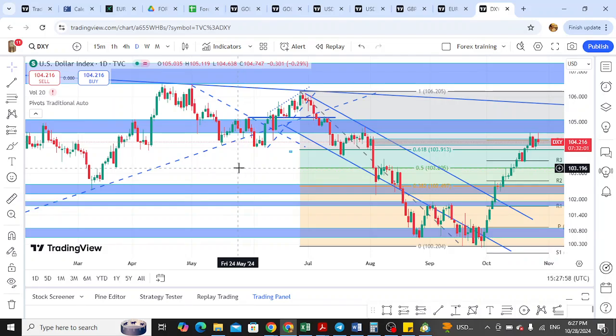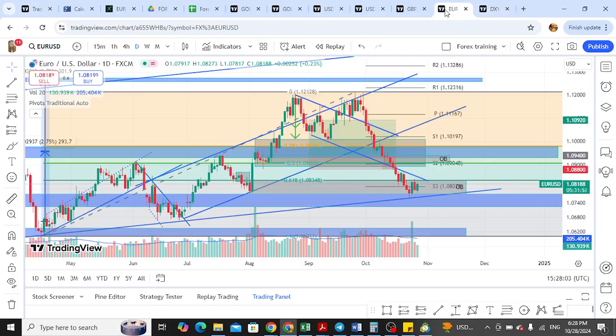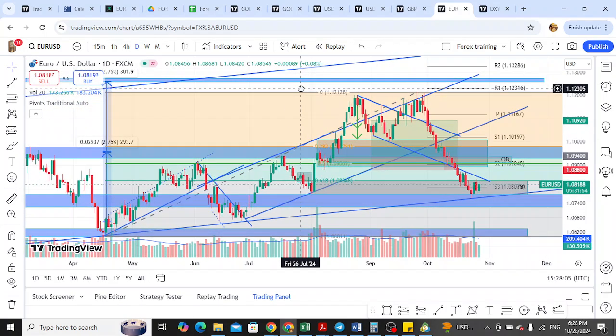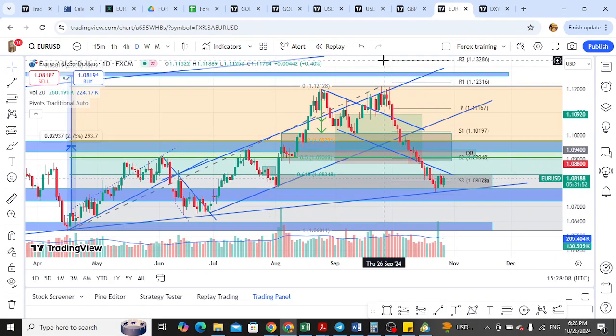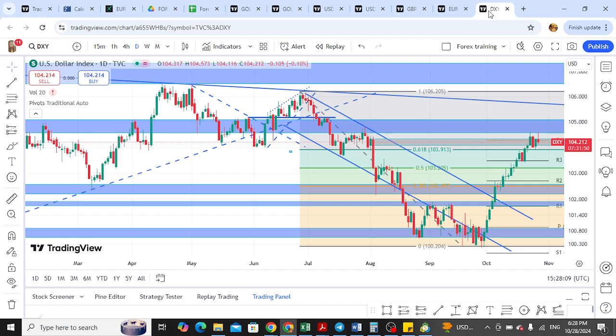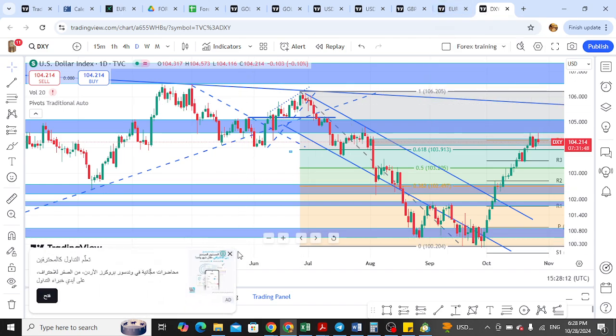So as to have a total view of what I'm doing, let's look at my routine in the Euro USD, because this is the next thing that I look at after I finish my analysis of the dollar index.